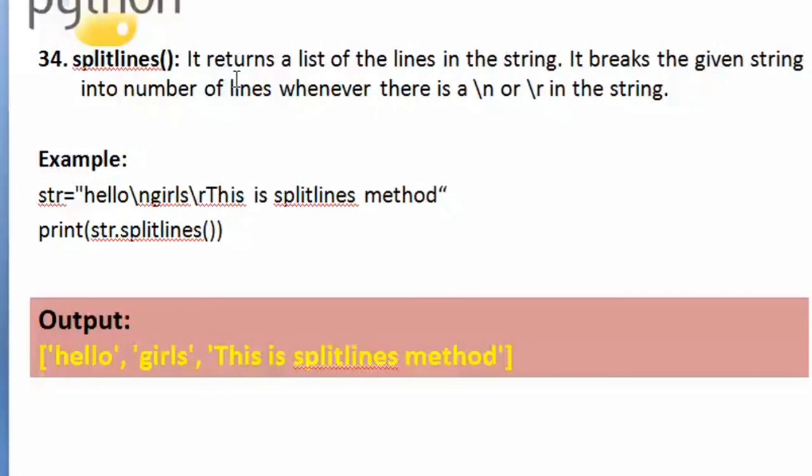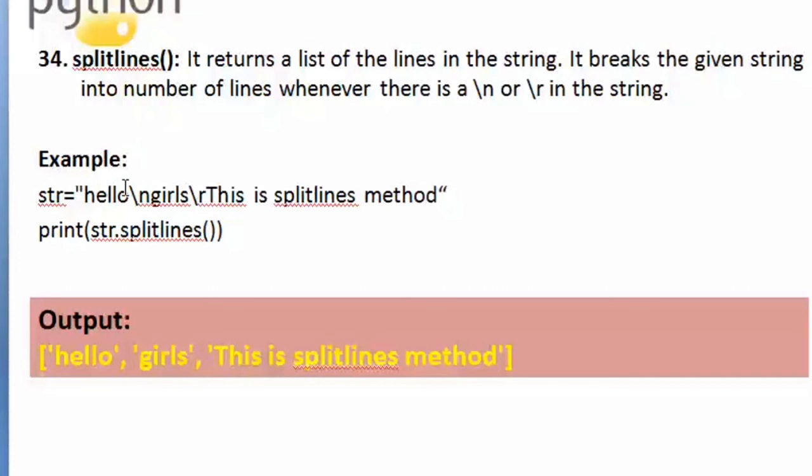It breaks the given string into a number of lines wherever there is a new line or \r in the string. You can see there is one \n here and \r here. Whenever it encounters a \n, it splits the text.